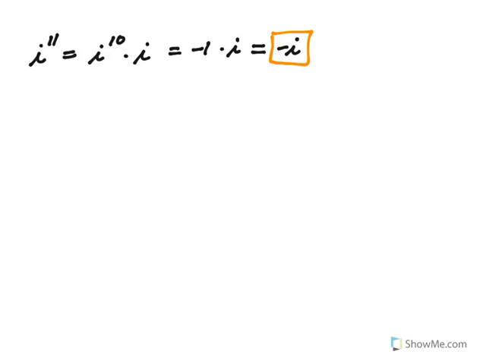Let's do another one. Let's say you had i to the 36 power. Okay? So break these down into simpler numbers, under 10 if you can, right? So I would probably just do i to the 6th power times i to the 6th power.